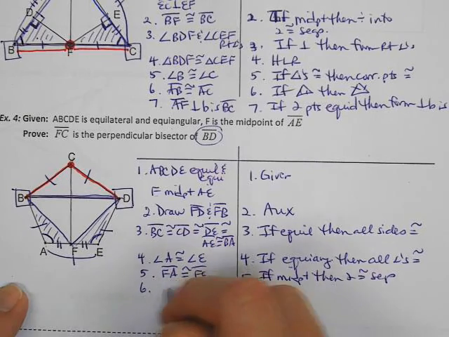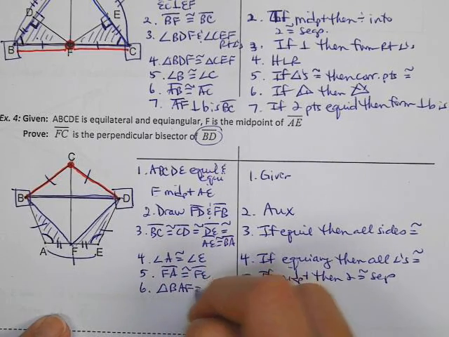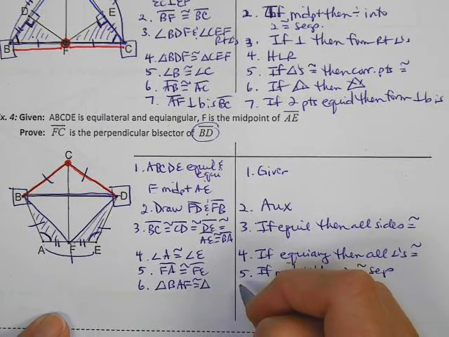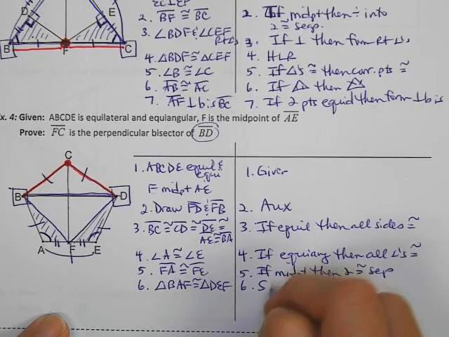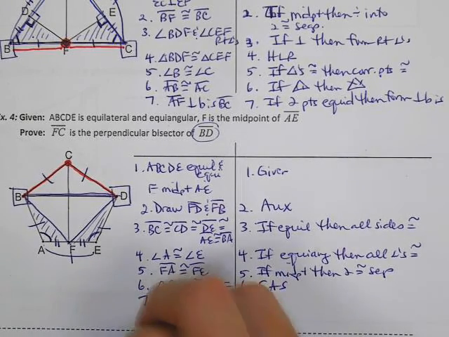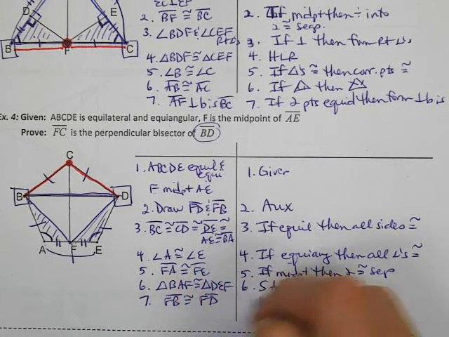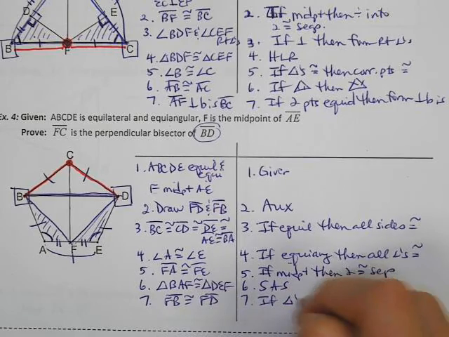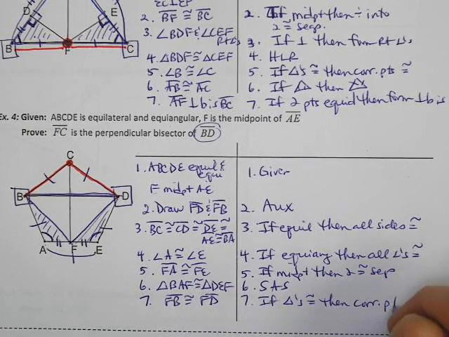I believe they are congruent by side angle side, so triangle BAF congruent to triangle DEF by side angle side, and then using corresponding parts, I can get FB congruent to FD. If triangles congruent, then corresponding parts are congruent.